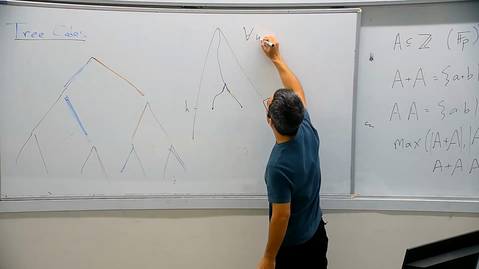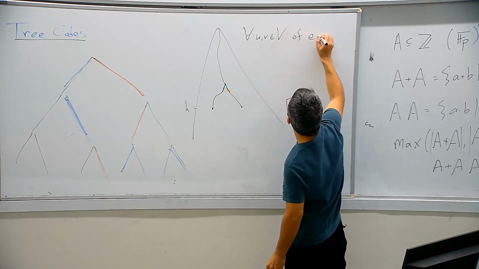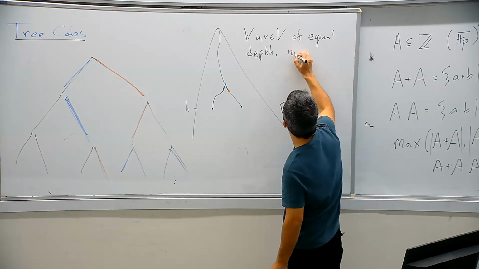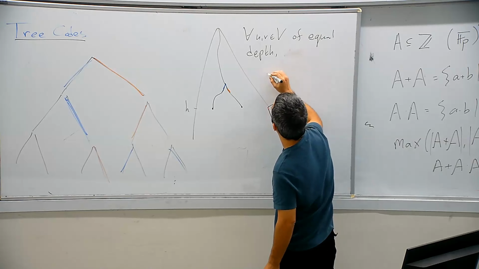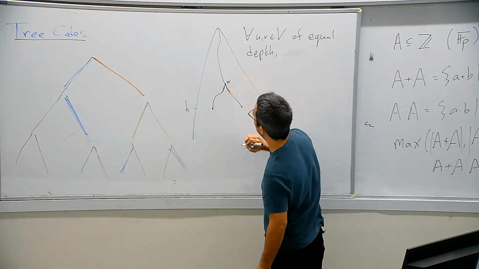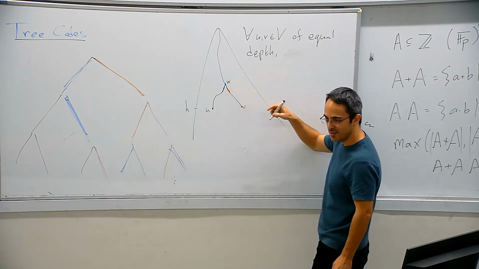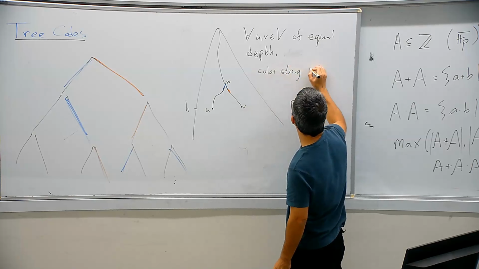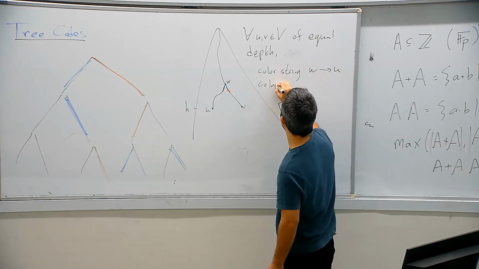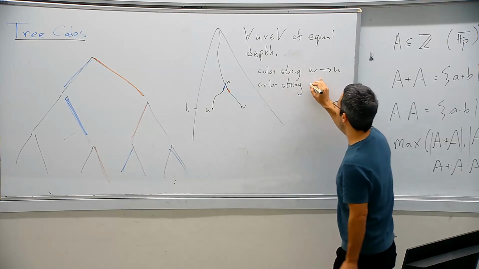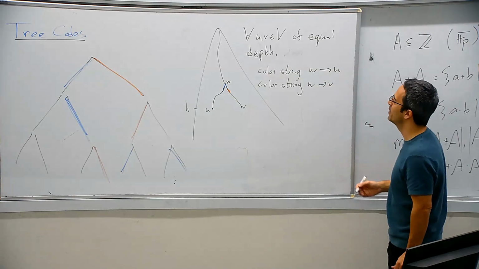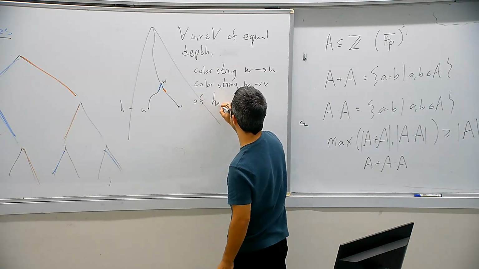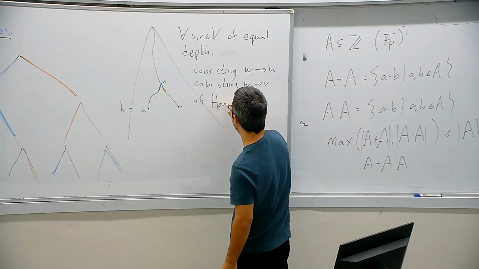You want that for any u and v in the tree of equal depth, if you call the least common ancestor w, then the color string from w to u and the color string from w to v have some Hamming distance.